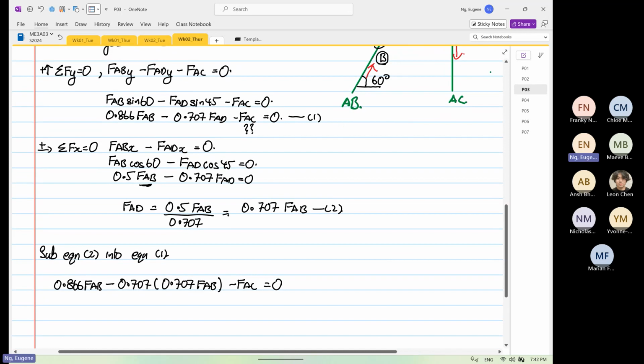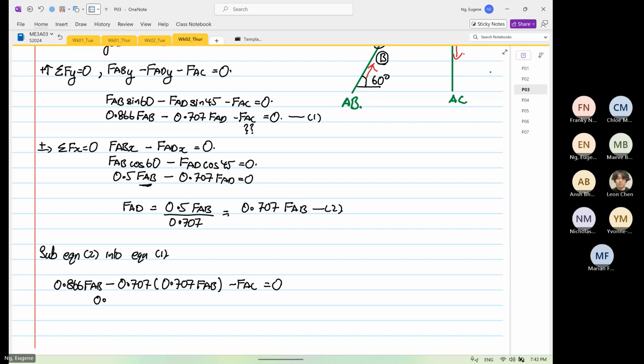Okay. So FAB, 0.707 multiplied by 0.707, 0.866 minus, so you get 0.366 FAB is equal to FAC.